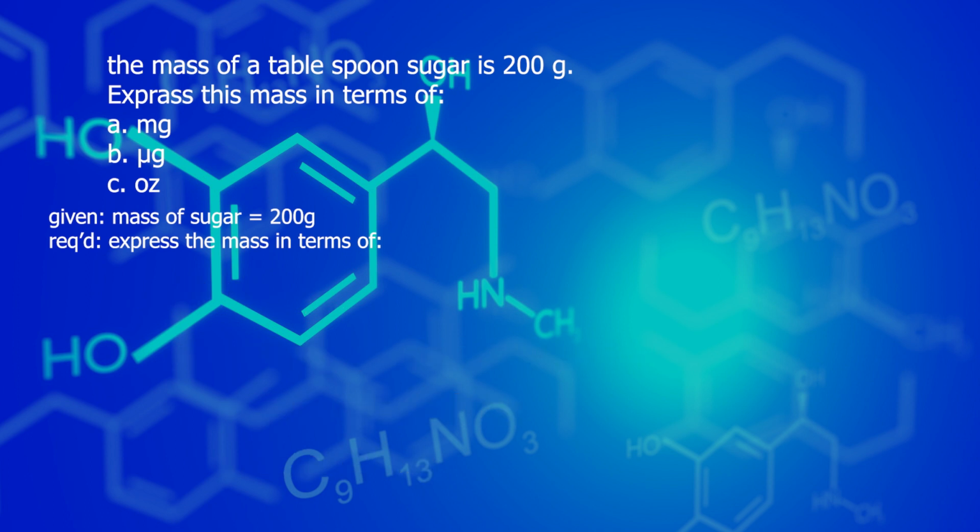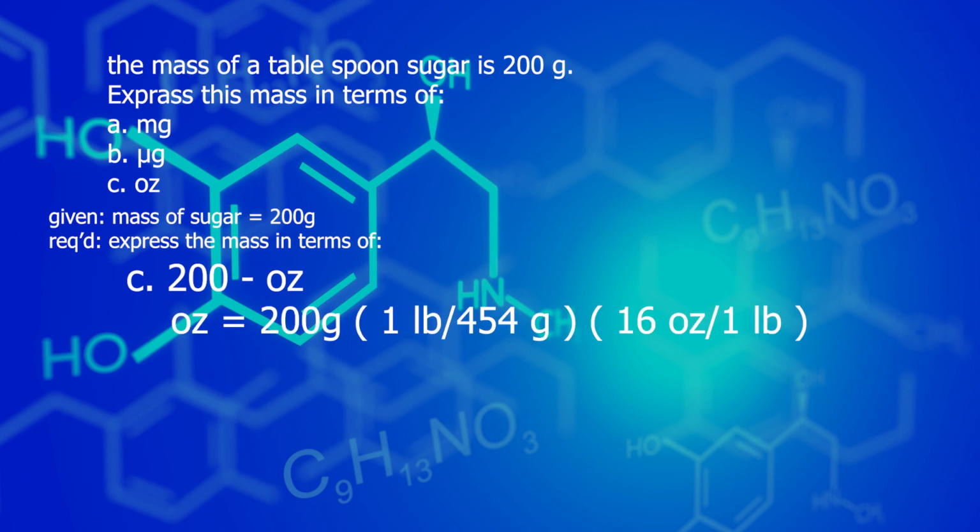In letter C, we're going to convert the 200 grams to ounces. So we have the 200 grams of table sugar times 1 pound per 454 grams times 16 ounces per pound.